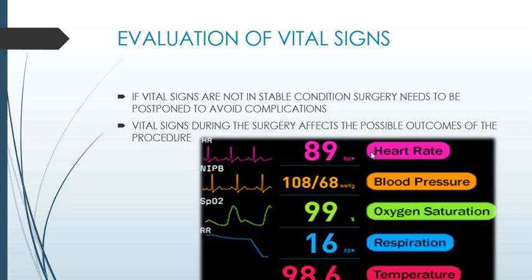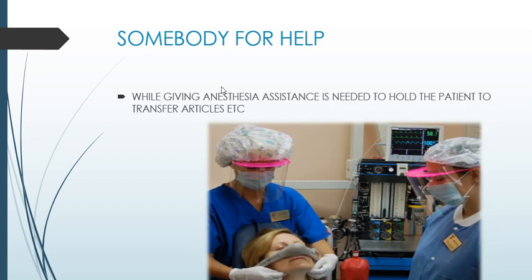So, in vital signs, mainly heart rate, blood pressure, oxygen saturation, respiration, and temperature are checked. Then next, somebody for help. While administering anesthesia, it is not the work of a single person. Another person should be there to help.